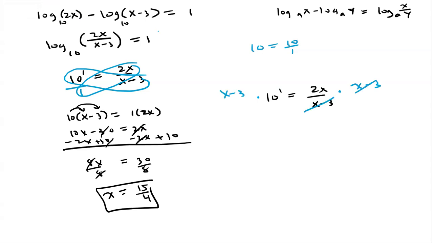Then the x minus 3 goes away on this side, and we get x minus 3 times 10 equals 2x. We go through the same process and get the same answer, x equals 15 over 4. So you can either cross multiply, or find the LCD and multiply both sides by the LCD.